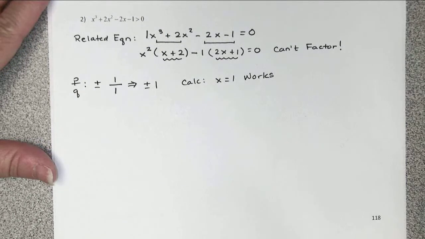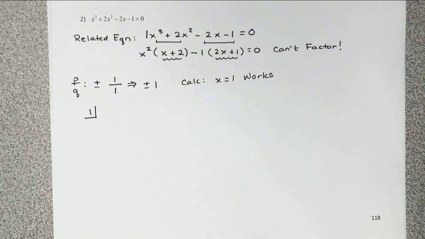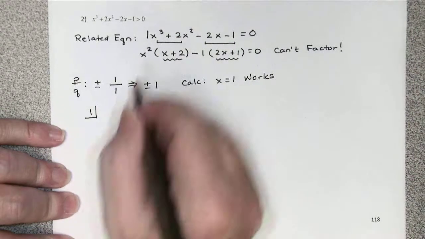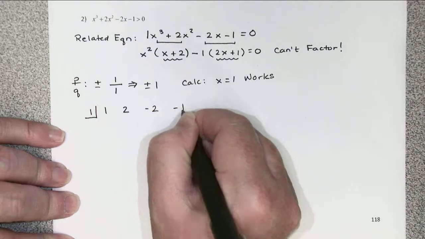Now that I know that 1 works, I'm going to go ahead and divide out that solution so that I can find the others. I'm going to use synthetic division, but you can also use the long division process here. That's up to you. Let's see, 1, 2, negative 2, negative 1.